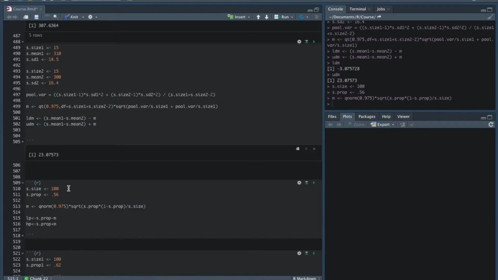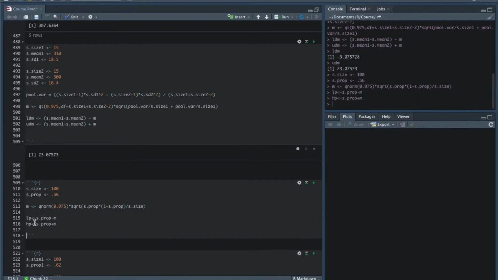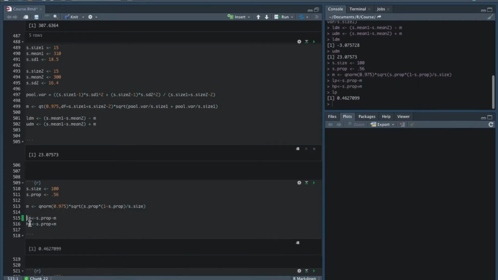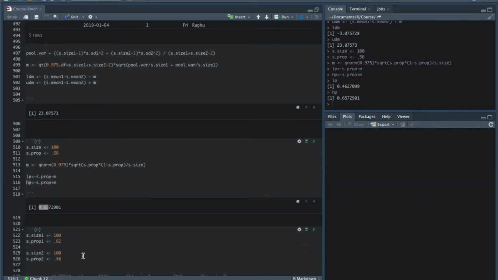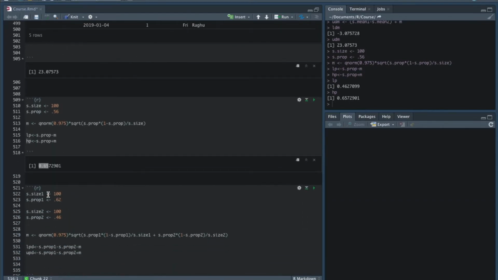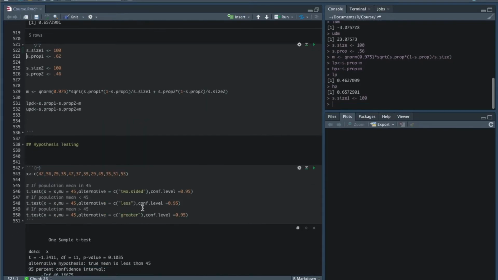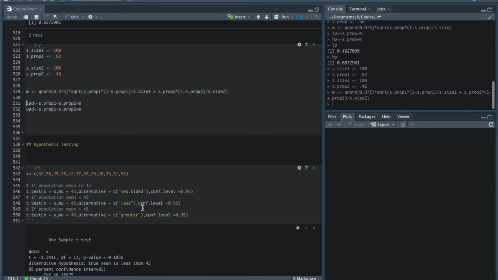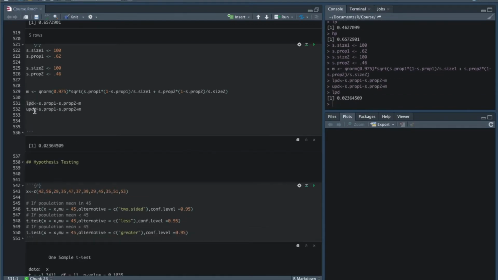Again, we calculate the margin and we get a lower limit of the population proportion of 0.46, and an upper limit of 0.65. Just like we calculated the difference of means, we can calculate the difference of proportions like this, and we can find the result like this.